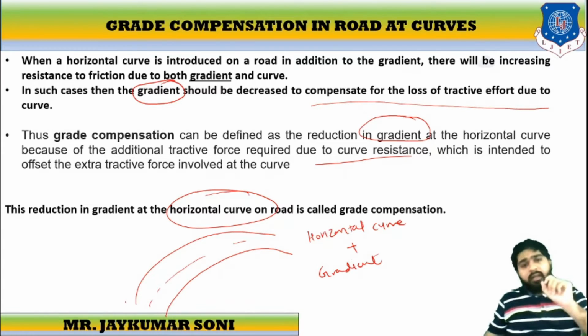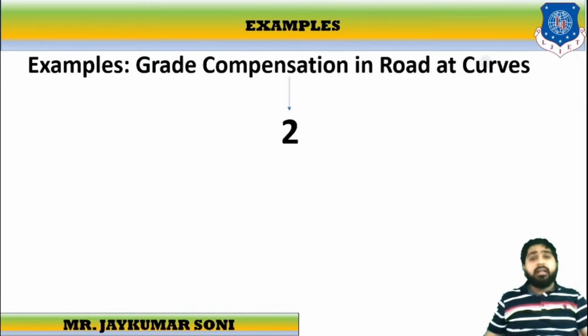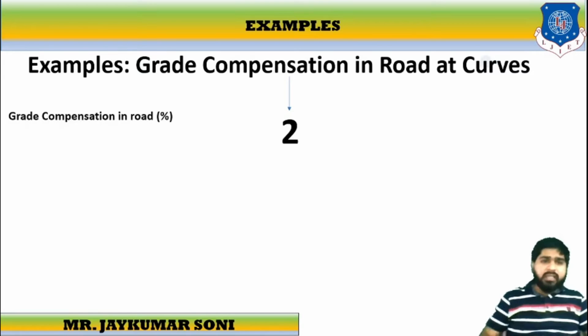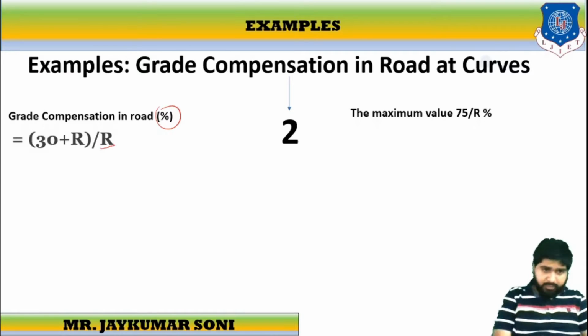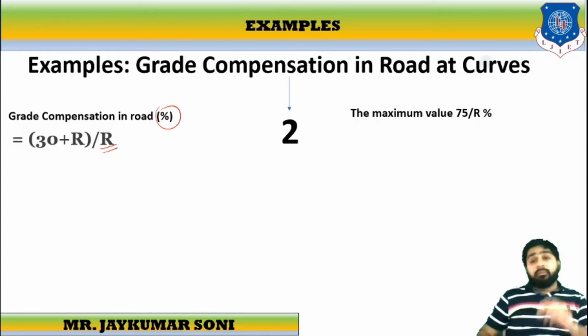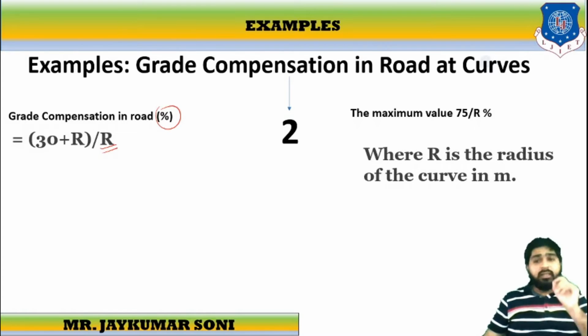Now, whenever we are discussing grade compensation and examples, there are two things that we need to keep in mind. First, there is the equation for the grade compensation in the road in percentage, and that equation is (30 + R)/R, where R is the radius of the curve. But the maximum value is 75/R, where R is the radius of the curve in meters.